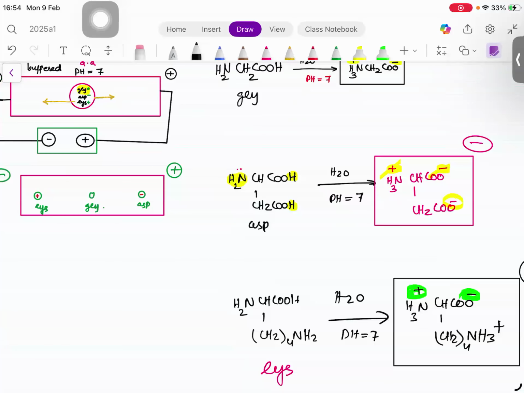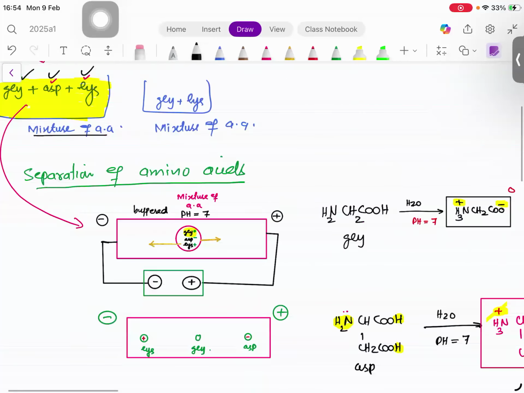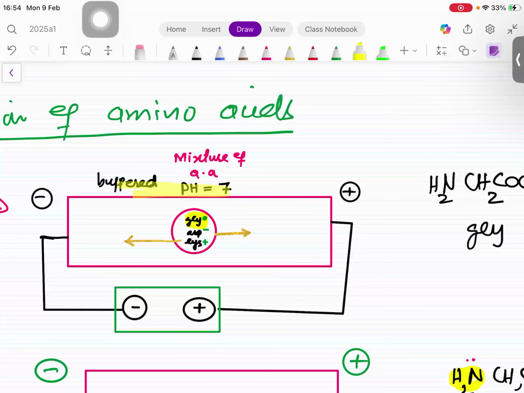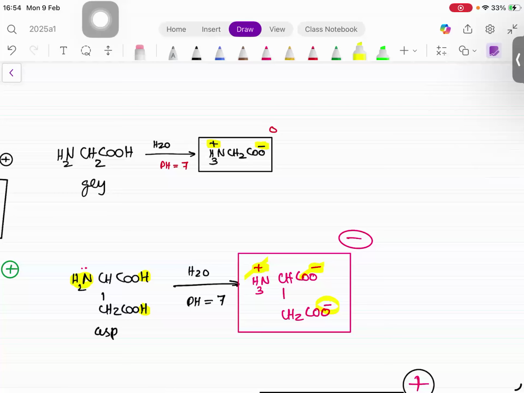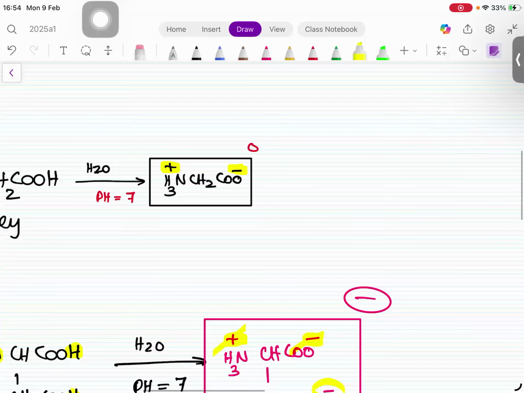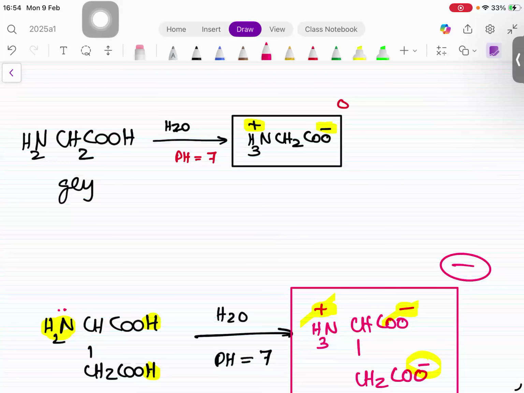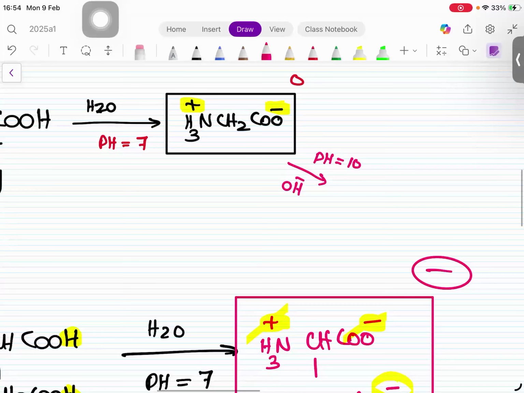Now my next question is, this mixture was buffered at what pH, bacho? Let's say we buffer it at a different pH. For example, now please pay attention. Let's say I buffer it at pH 10. pH 10 means I have to add what? Hydroxide ions. So hydroxide ions are going to neutralize which side of the zwitterion?